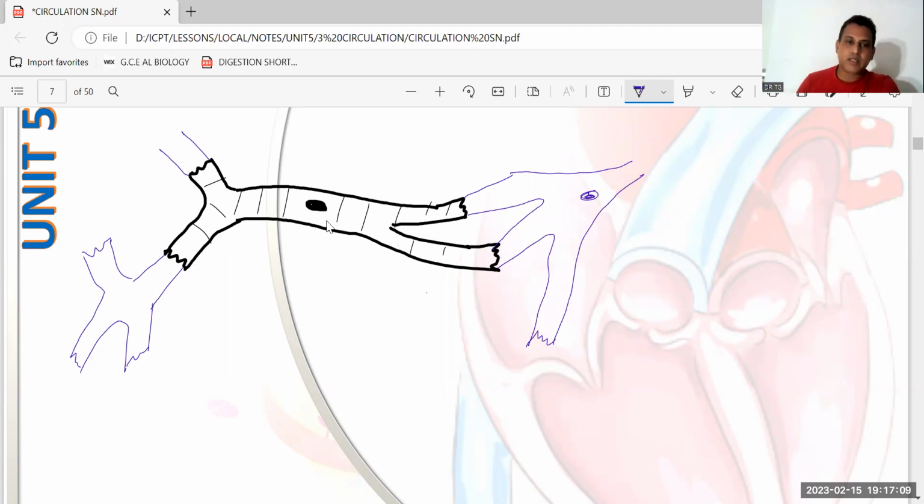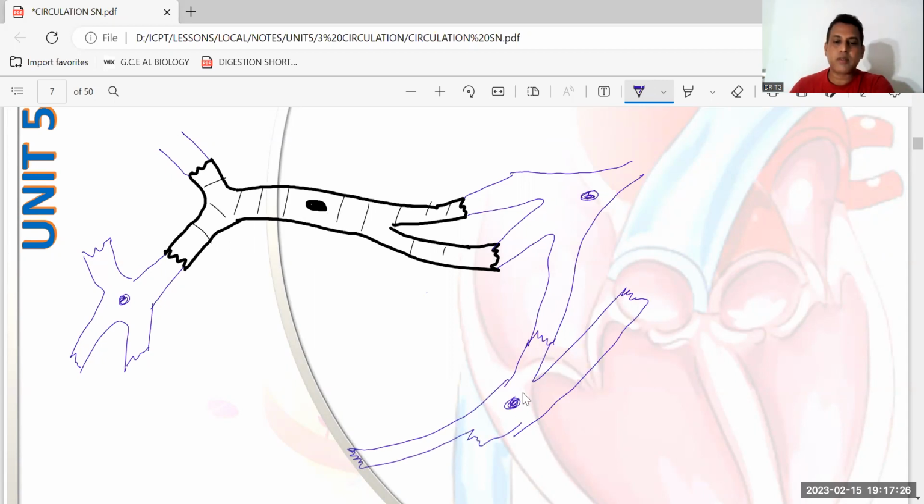That means these three, you can see this 1, 2, and 3 muscles. So if I draw another muscle here, this connection is directly with this one. Like if this is a muscle A and this is B, A and B are connected.